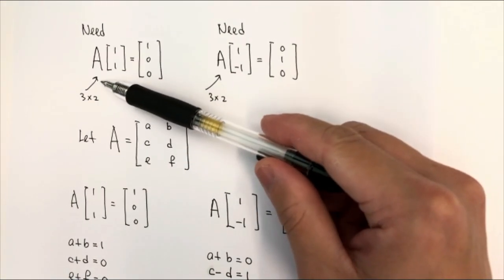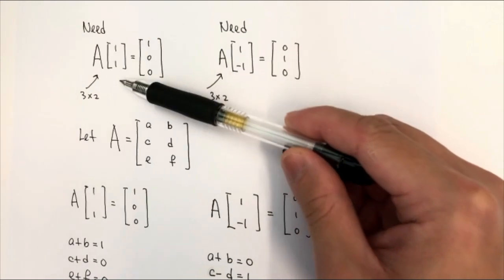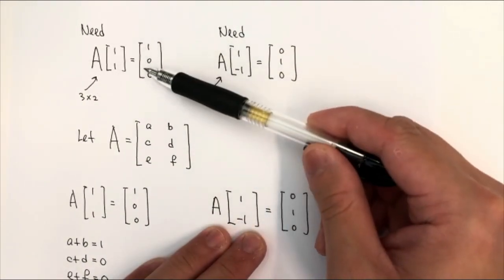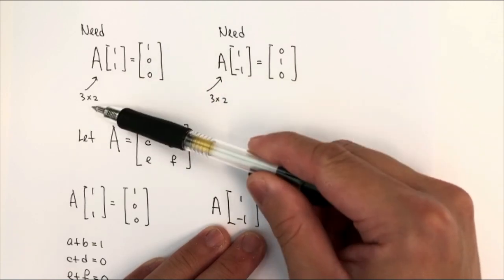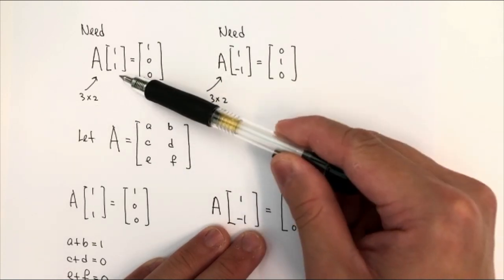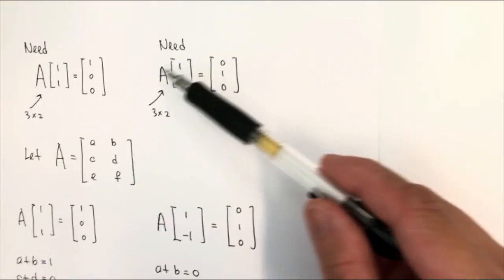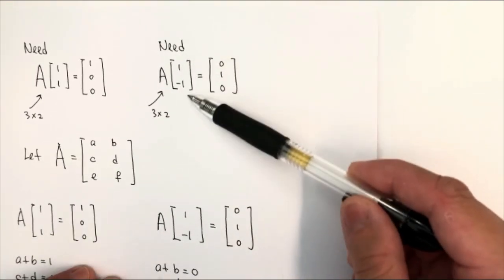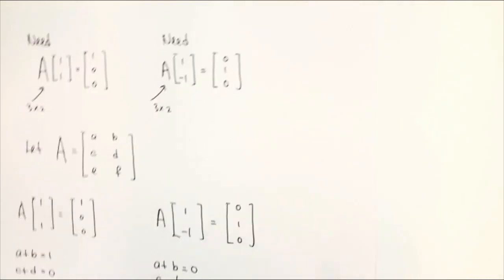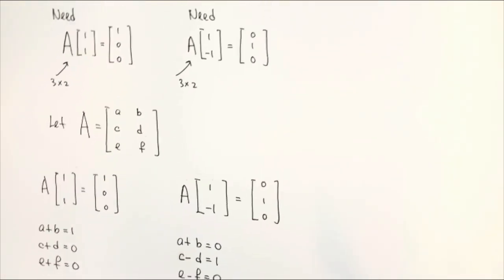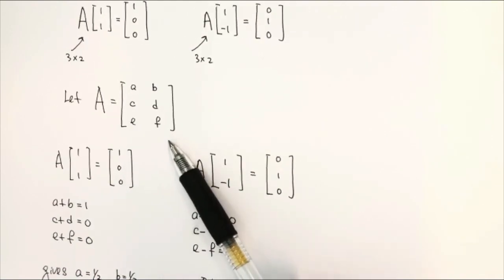We are looking for a matrix that takes (1, 1) and maps it to (1, 0, 0). Because of the size of the matrices involved, matrix A has to be of size 3 by 2: this is 2 by 1 and this is 3 by 1. Same thing here: we need to find a matrix A that maps (1, -1) to (0, 1, 0). So because of the size constraint, matrix A has to be 3 by 2.